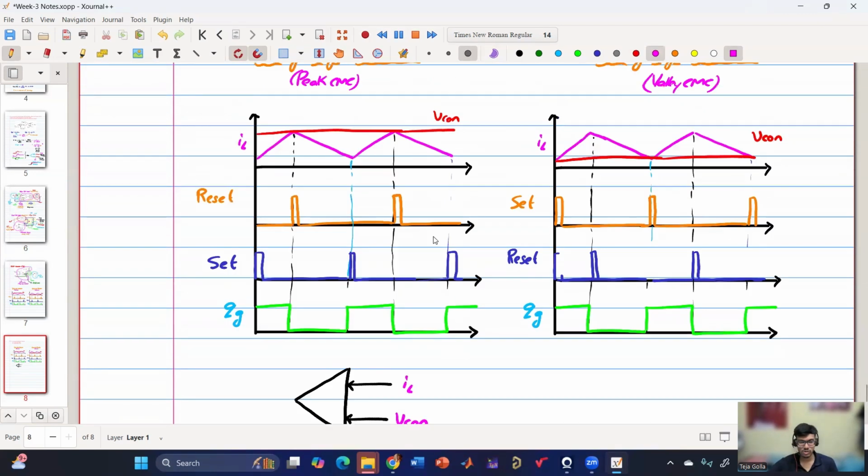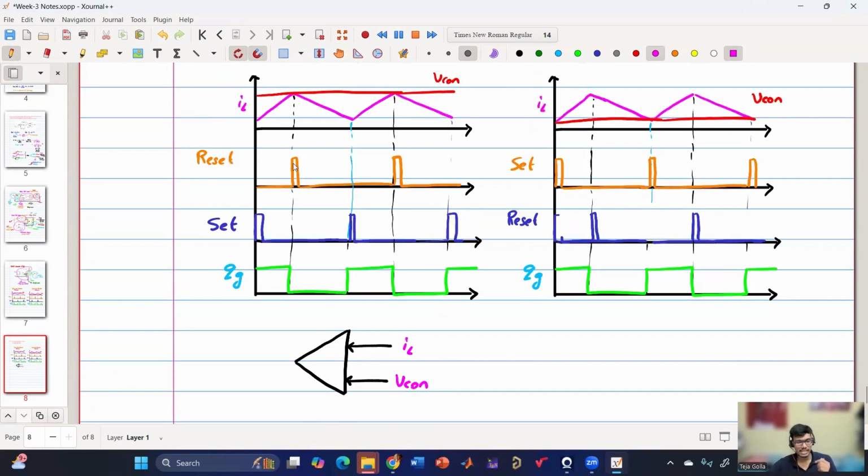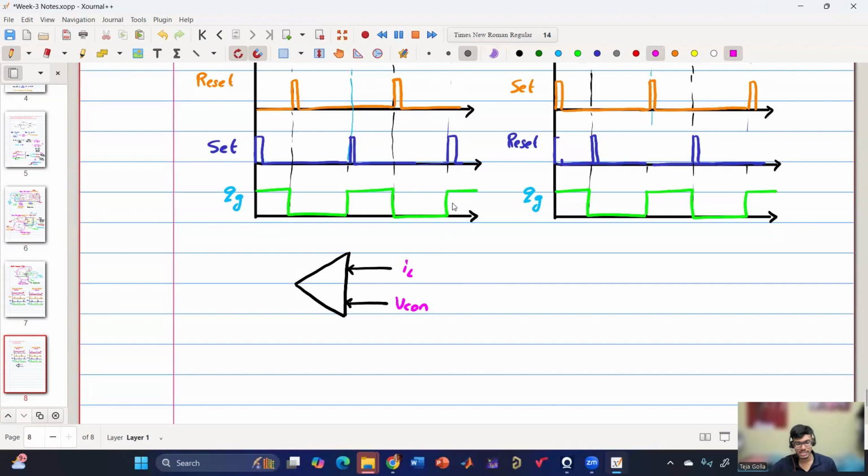Now in the case of trailing edge, it is generating the reset pulse, right? The comparator output is the reset pulse to the SR flip-flop. And then, besides reset, it also has a set pulse.